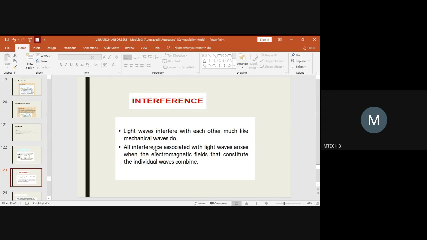All interferences we get are always associated with one or the other light waves. Every light wave propagates with its own bandwidth and wavelength, right? This type of interference usually arises when you have an electromagnetic field associated with it.